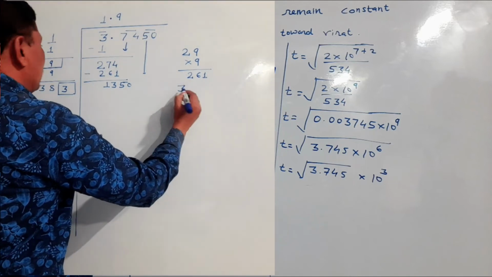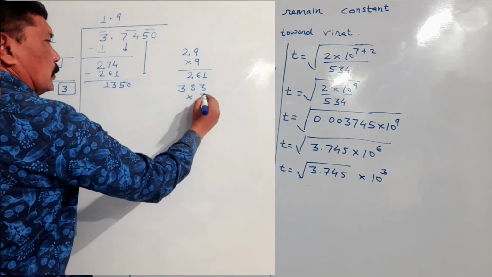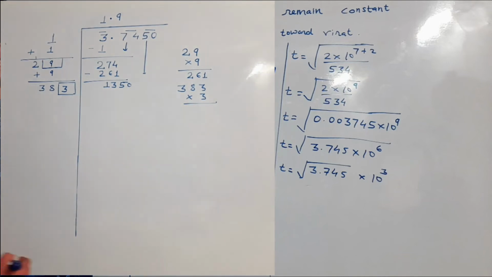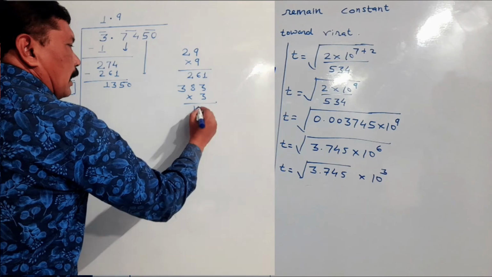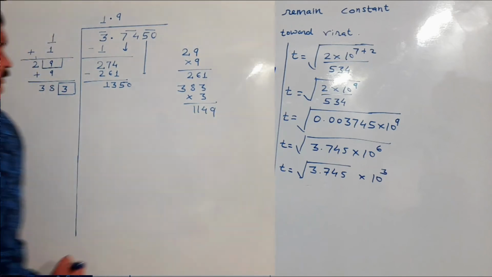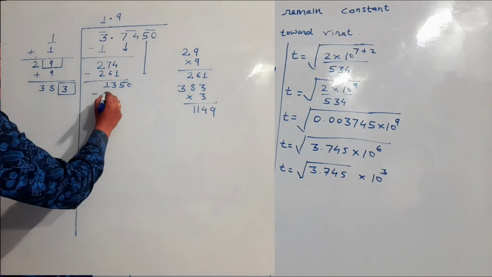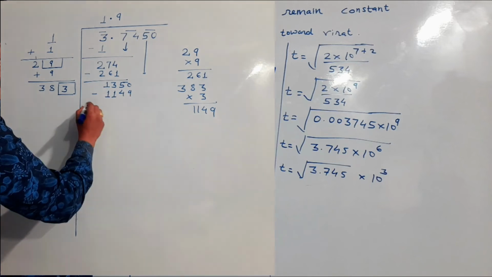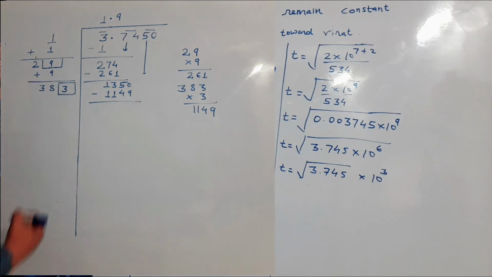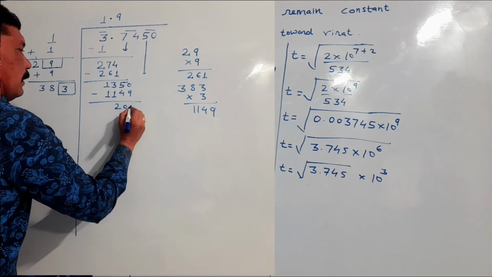Now 3, 8, 3 into 3, if we multiply, then the value will get 1149, which is near to 1350. So we will subtract minus 1, 1, 4, 9. So my dear student, when we subtract, we get here 201.